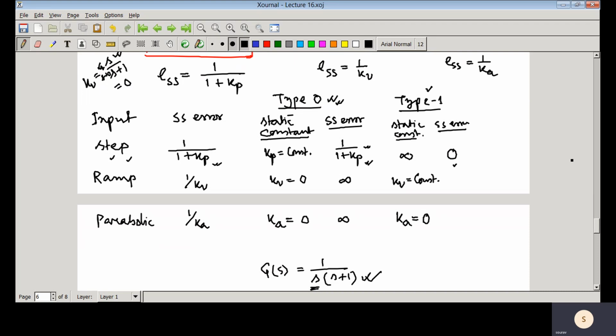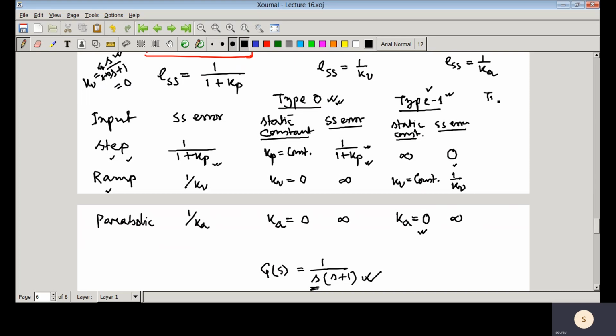And here you can see the steady state error in case of ramp input, whenever the system is type 1, that is 1 by Kv. Because Kv is constant, it has some finite value. That means if you give ramp input, you cannot have 0 steady state error. And as Ka is 0, so 1 by 0 means it is infinite. Steady state error would be there in case of parabolic input.